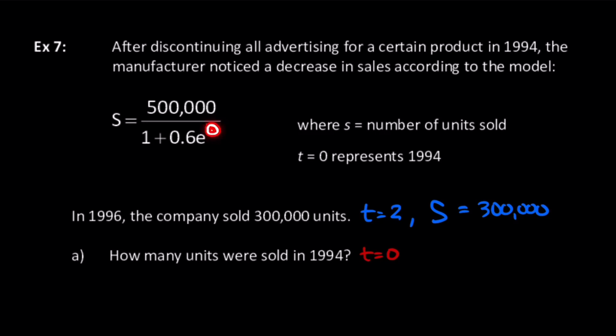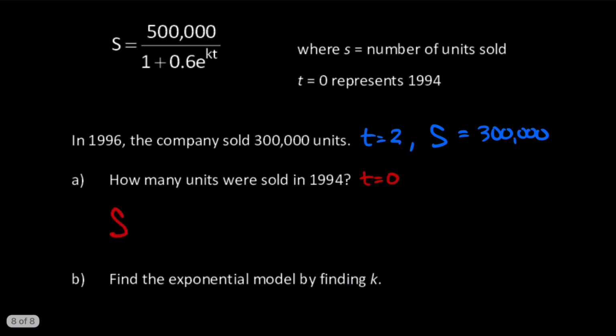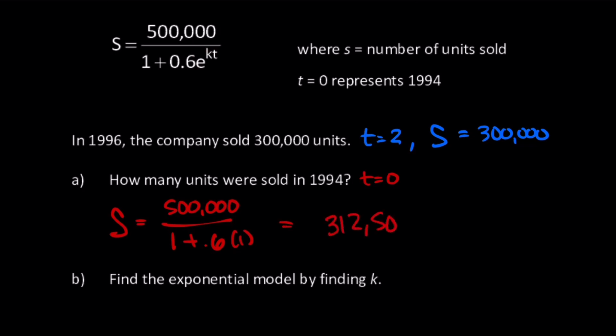So this exponent becomes a 0, and anything to the 0 power is just 1. So this goes away. When t equals 0, I can calculate what the sales were. 500,000 divided by 1 plus 0.6. You can put it times 1 in there, but basically this goes away. Let's throw that into the calculator, and we get 312,500 units.